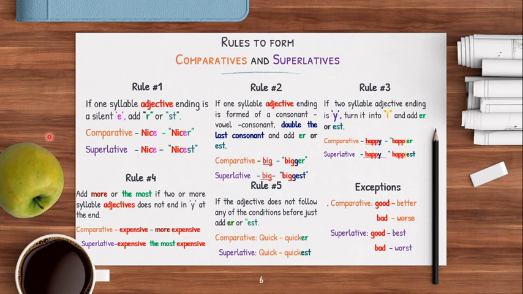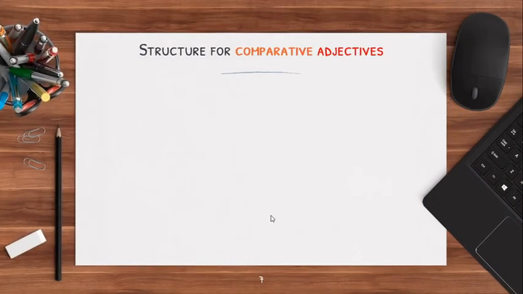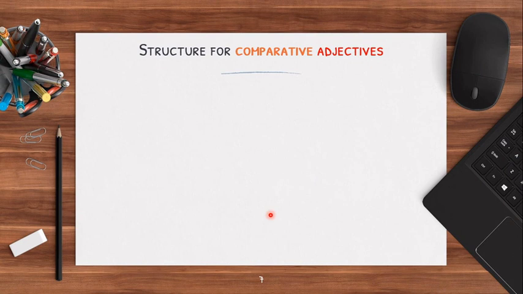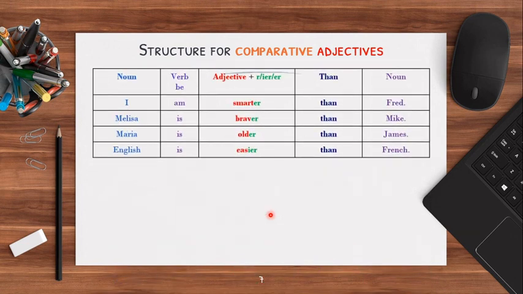So let's continue. We will see the structure for comparative adjectives, so please pay close attention to that. For the comparative adjective, it follows this: a noun, that's the person, country, language, animal, or object we are talking about.